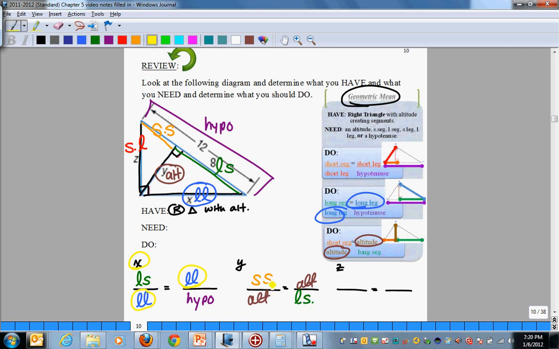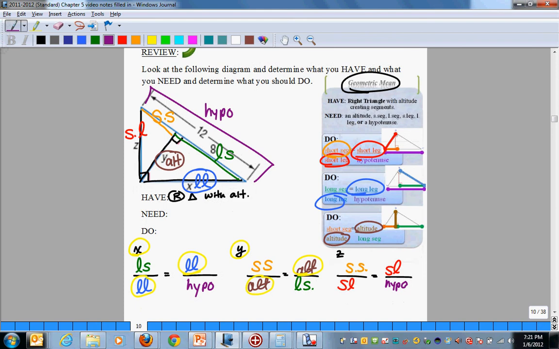This will give us Y. And Z is our short leg, and we know our short leg is our geometric mean between the short segment and the hypotenuse. So using these three scenarios, we're going to solve for X, Y, and Z.